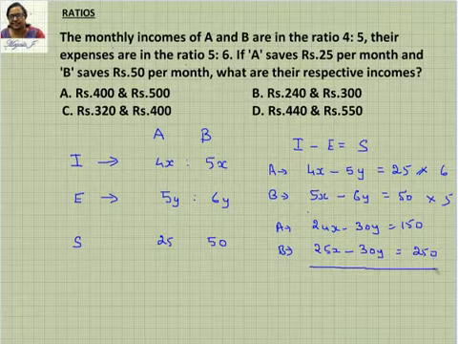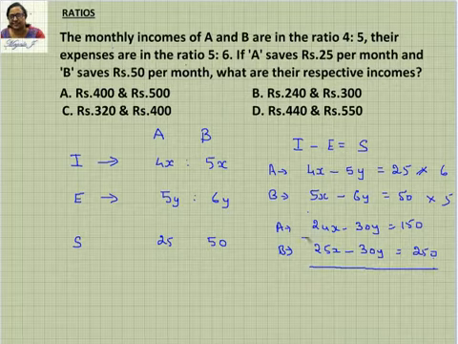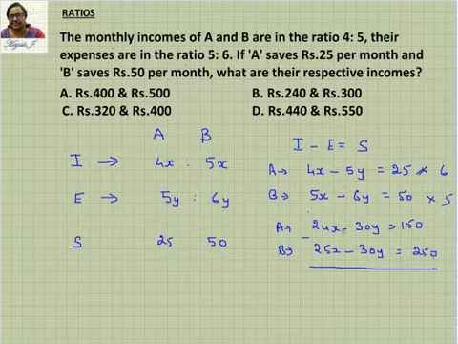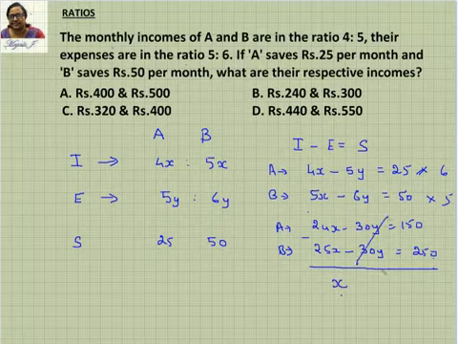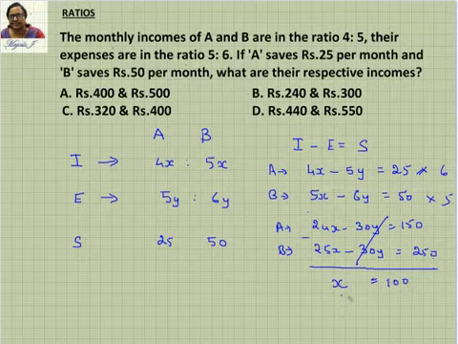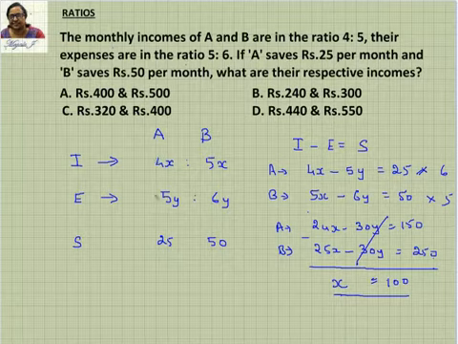When you subtract, I'm going to subtract this minus this, because the upper one is smaller. So 25x minus 24x is x. The y terms get cancelled, and 250 minus 150 is 100. Therefore, x is equal to 100. Now you have to find the income alone, so we don't have to find the y value.